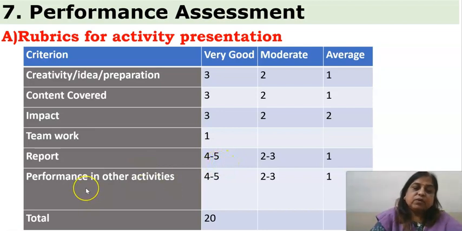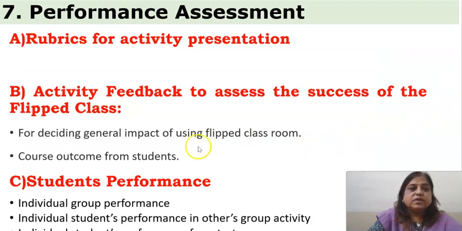And performance in other activities: every student will be assessed for your presentation and your performance in the others' presentations also. It is a four-times assessment, individual and group wise, while you perform the activities and while you attend the activities of the others.